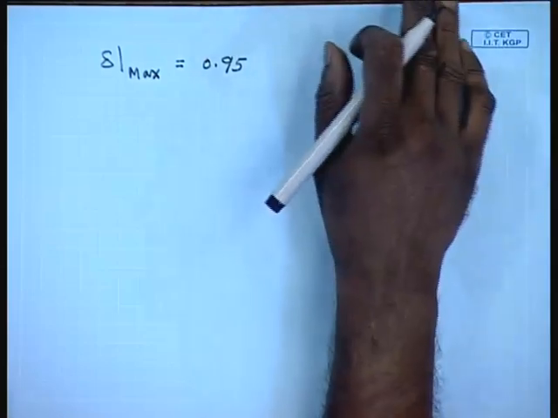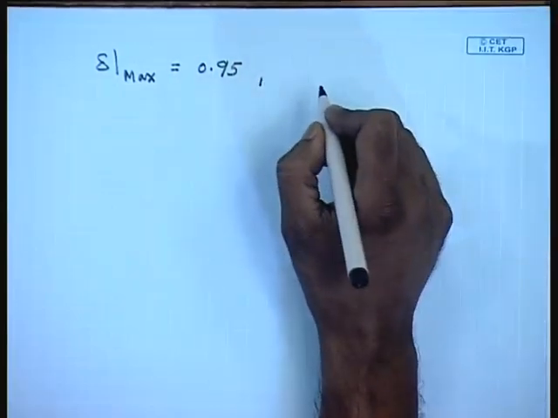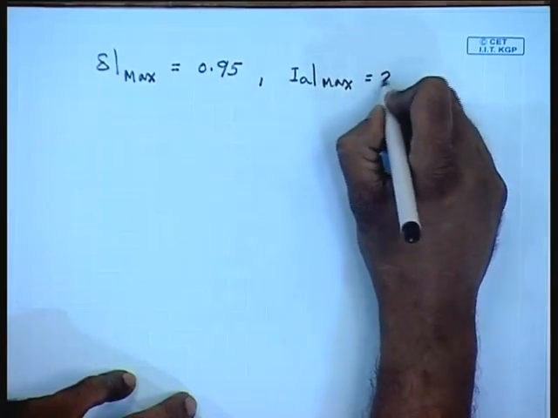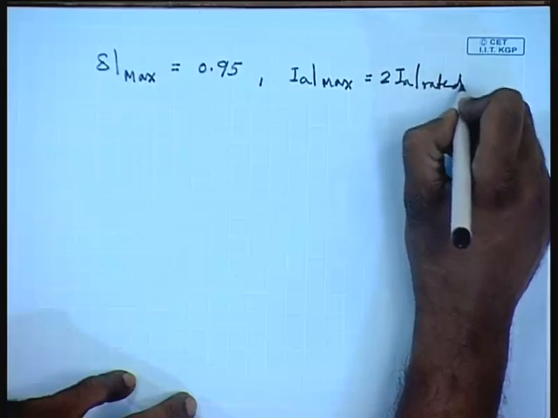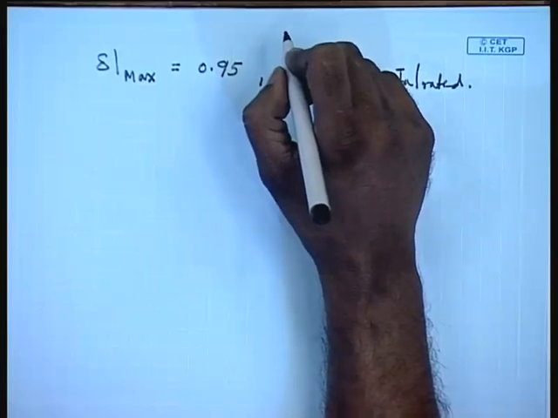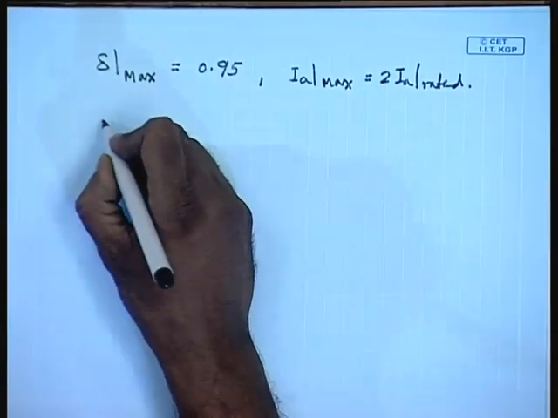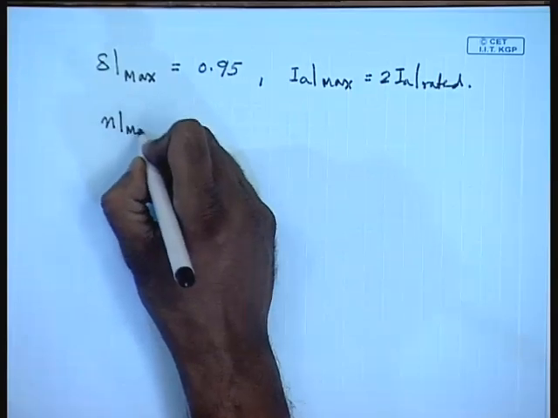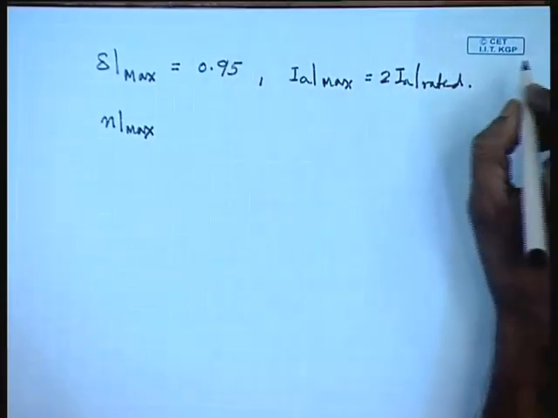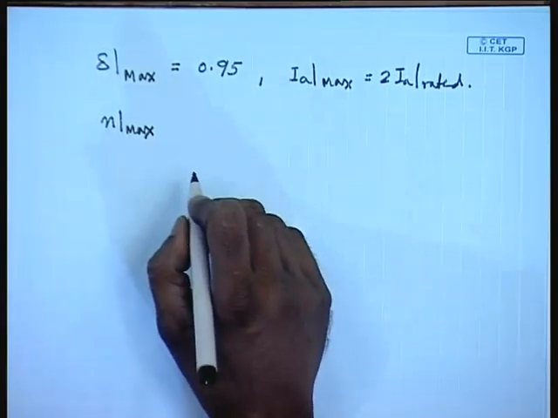Under this condition, and let us say the maximum permissible current is 2 times IA rated, calculate the maximum possible speed without resorting to field weakening.